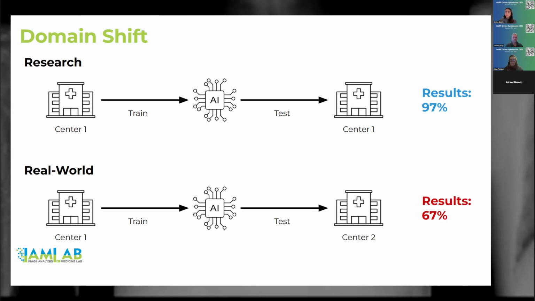But when the same model is tested on data from another center, it produces sub 60% results. This is one of the major bottlenecks in the deployment of AI models across the clinical workflow, because when we go out of the domain distribution that the model has not seen, the models perform poorly.